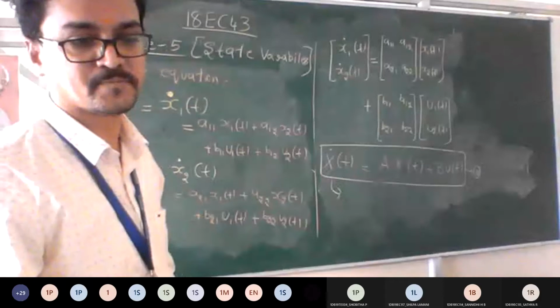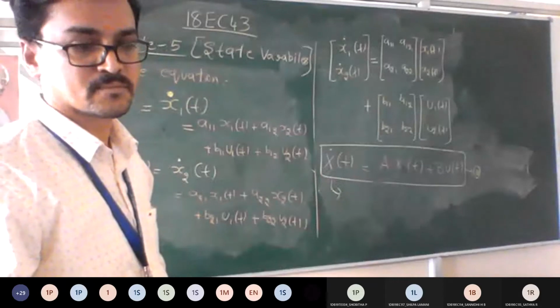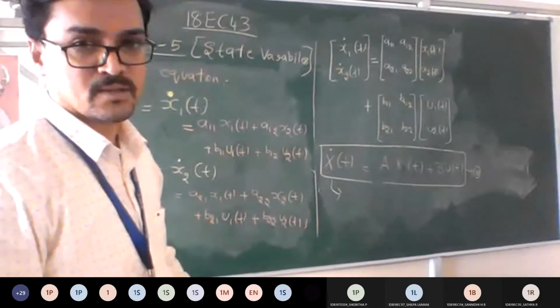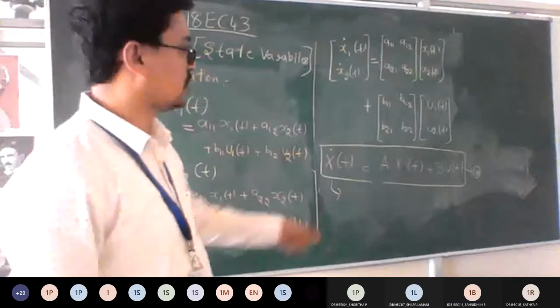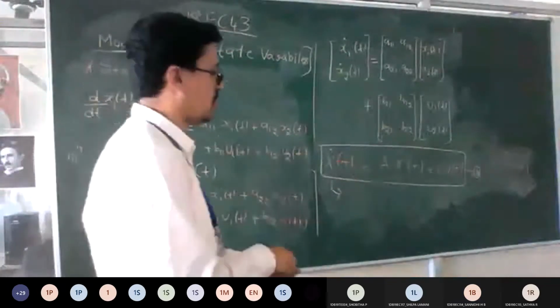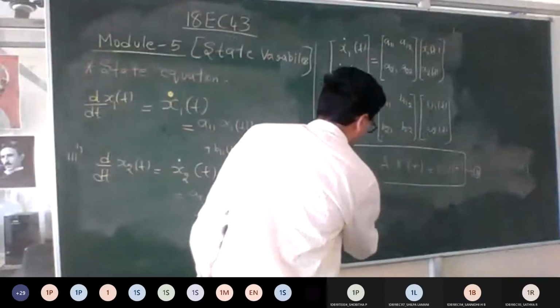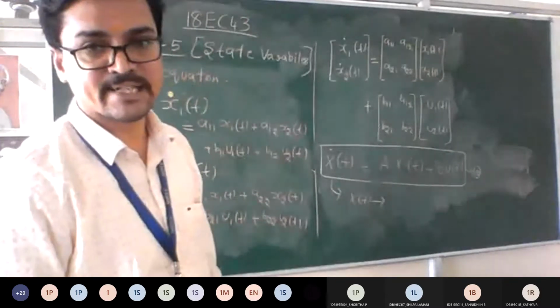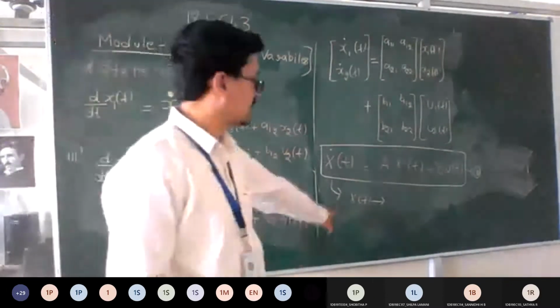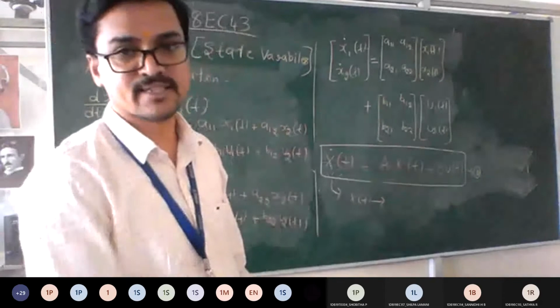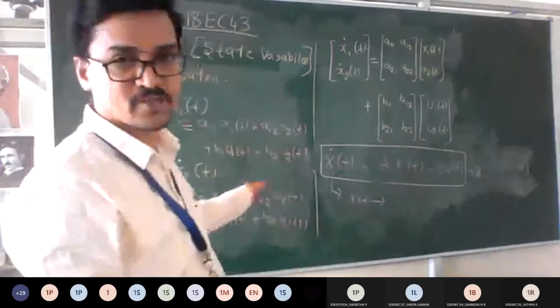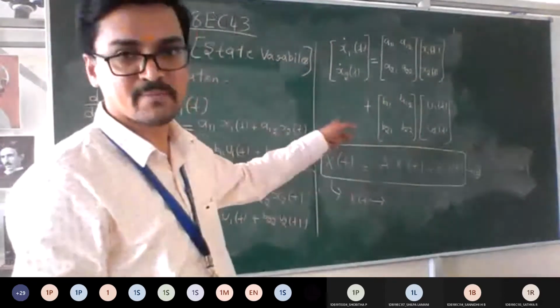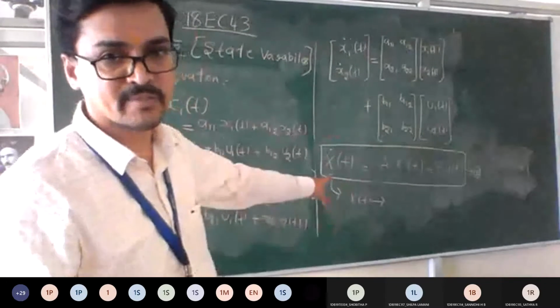Is that okay? So now we'll move on with what follows after this equation. What was x of t here? x of t can be represented as the state vector matrix. You already learned this in the previous equation also, the same thing. x of t is applicable for both equations, that's why I'm giving it at the end.